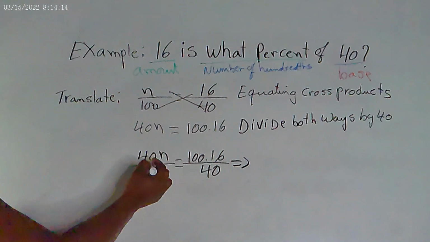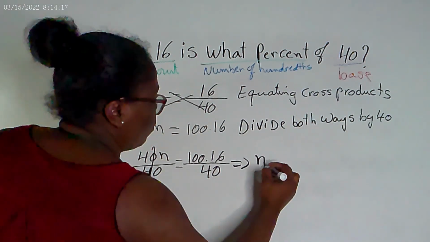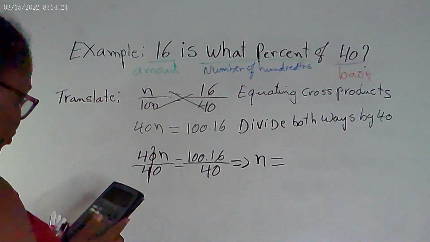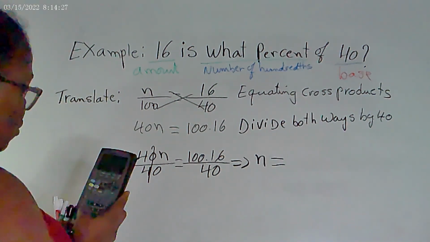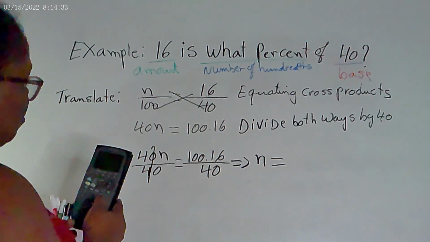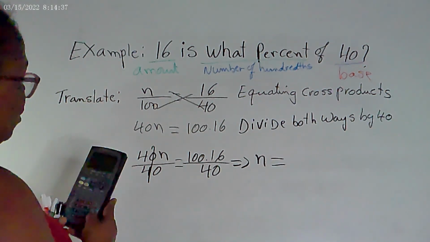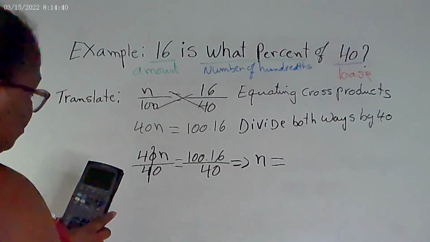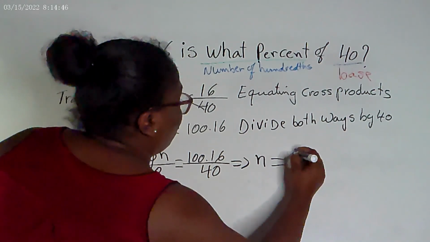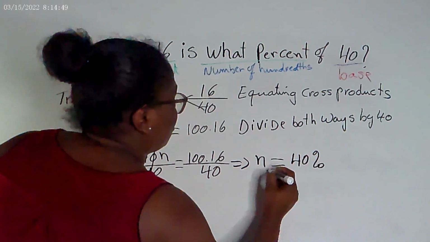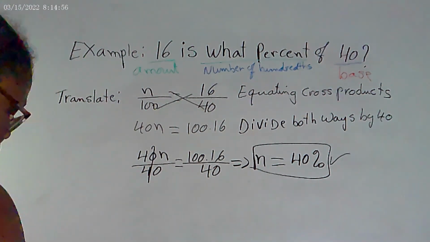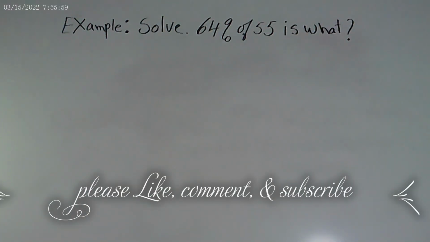So 40 divided by 40 is 1. That means we have 1n equal, let's do this in the calculator, 100 times 16 divided by 40 is 40. The answer is 40%. That's it.